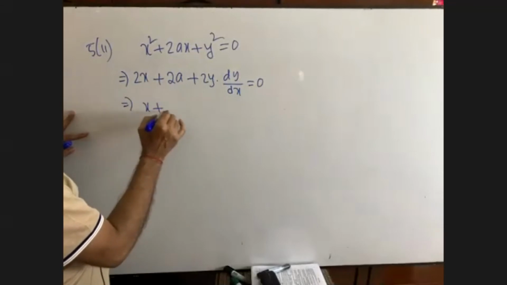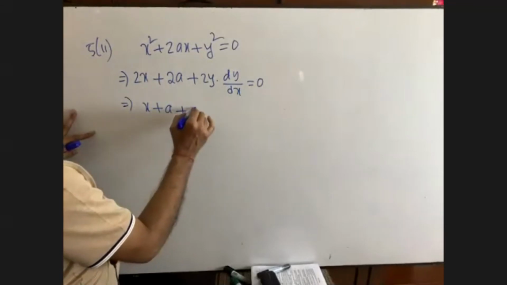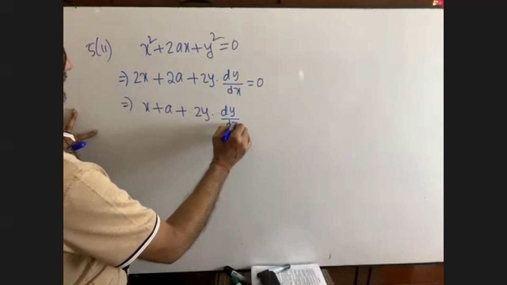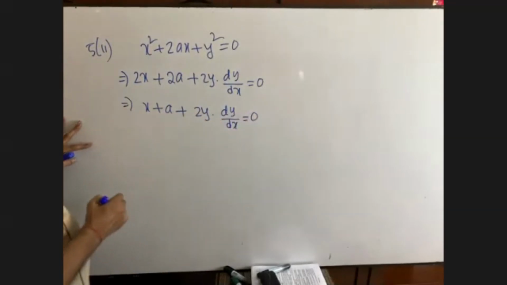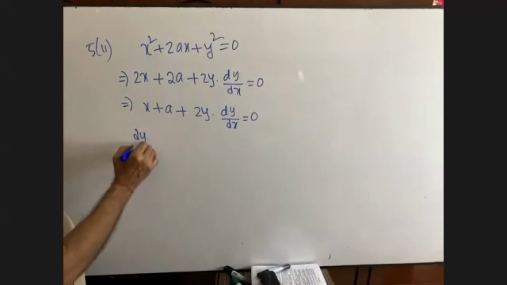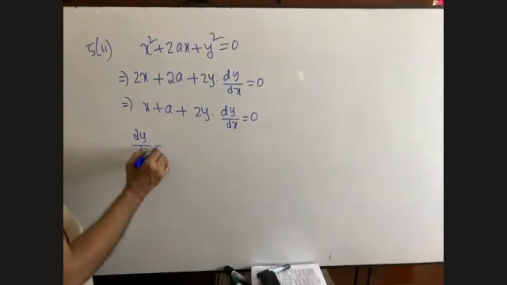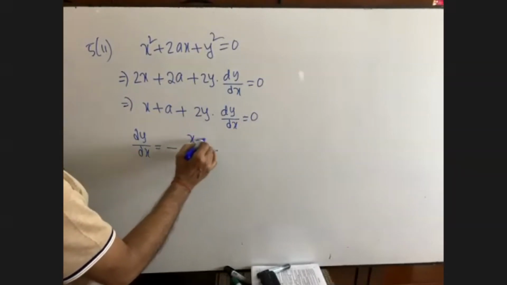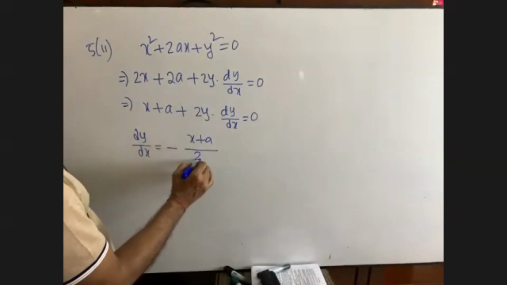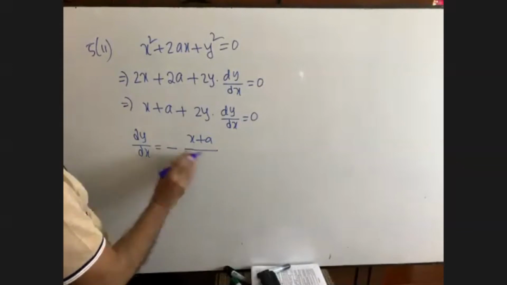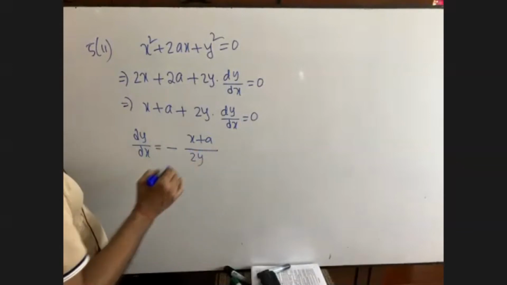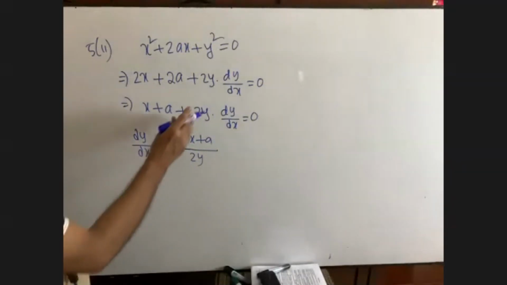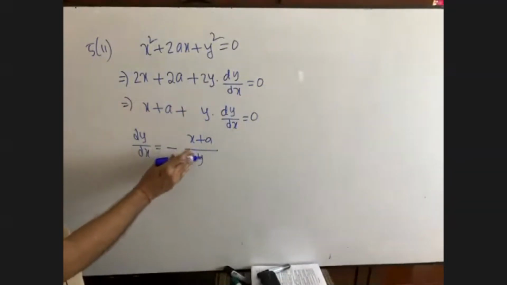So x plus a plus y dy by dx equals 0. That means dy by dx is equal to minus x plus a by y. Okay, now it is okay.